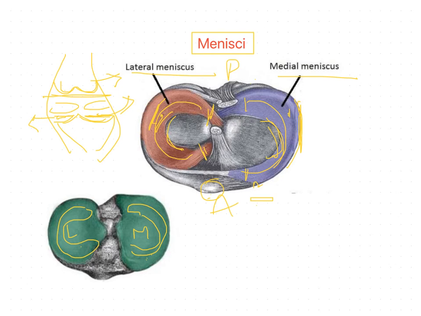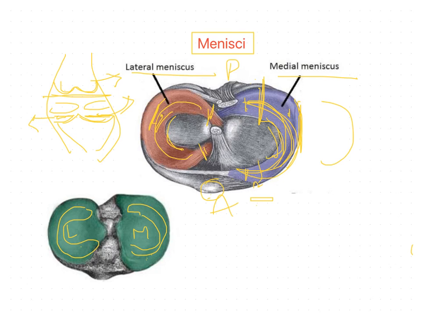Now we will see the medial meniscus and lateral meniscus individually. The medial meniscus is nearly semicircular, being wider behind than in front.